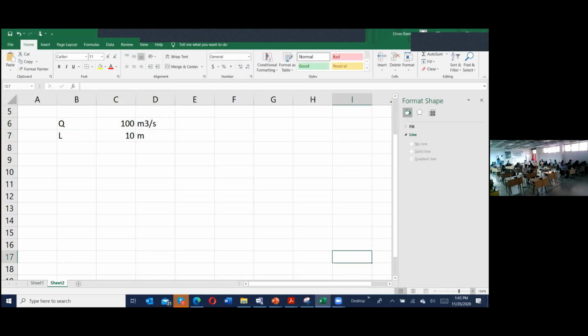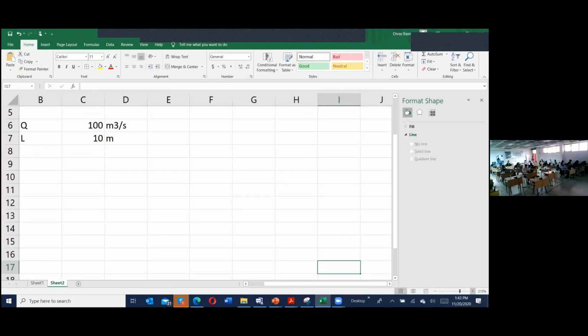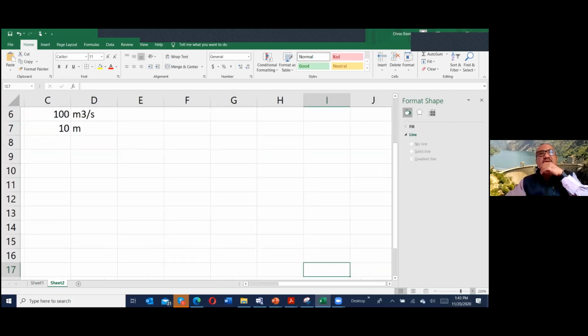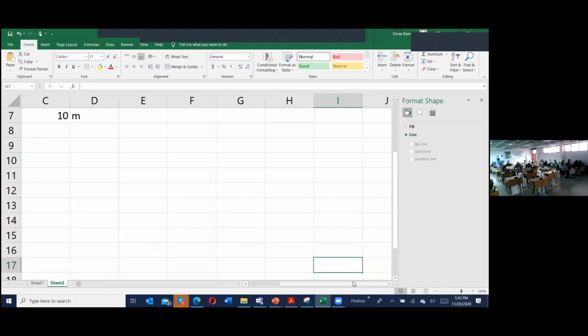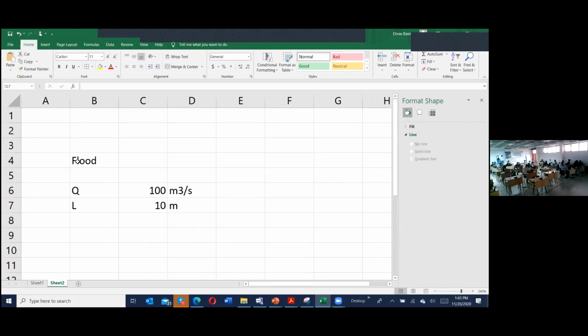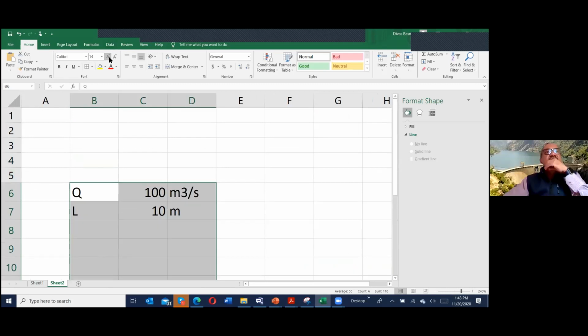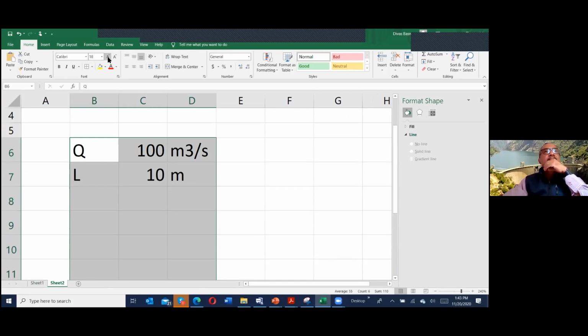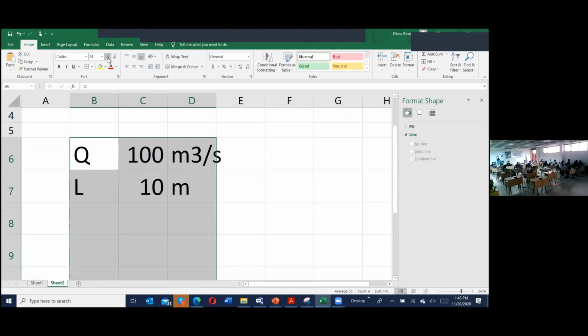Too small, you see, from far. Okay, I'm just making it bigger. Just a moment. Let me select a bigger one. Okay, now you can see. Oh yes, now it's okay.